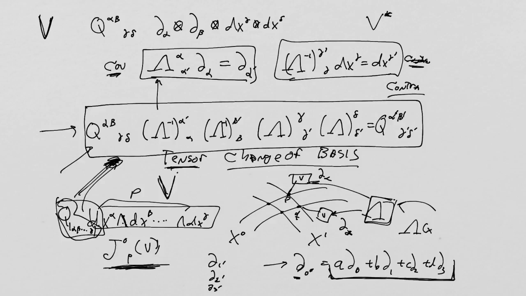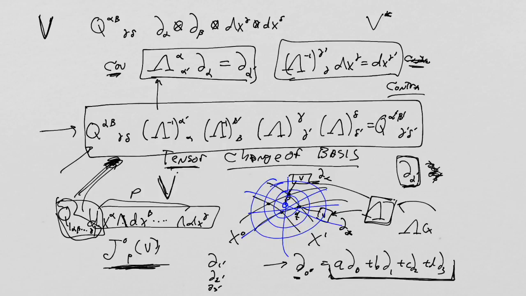So what I need to show is that if I change the coordinate system to something like this, the change of coordinate system will induce a new set of differential operators.